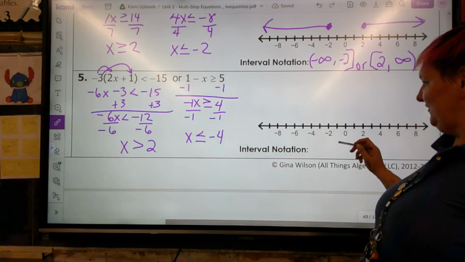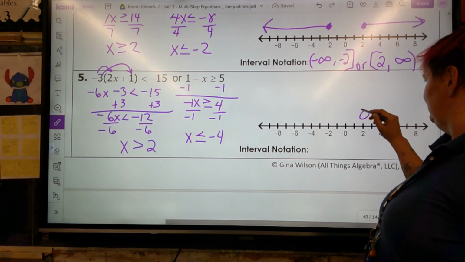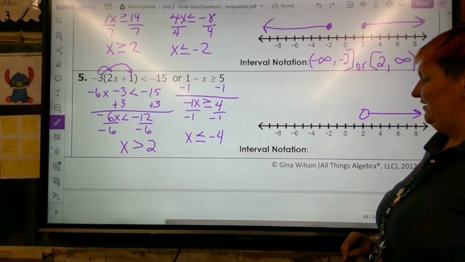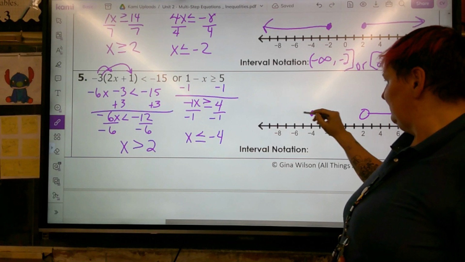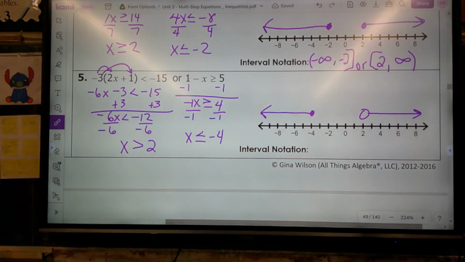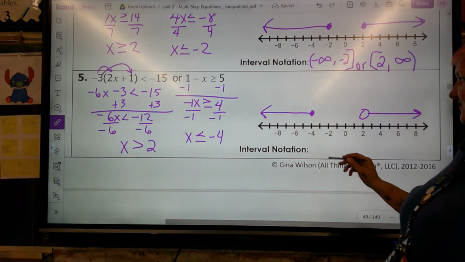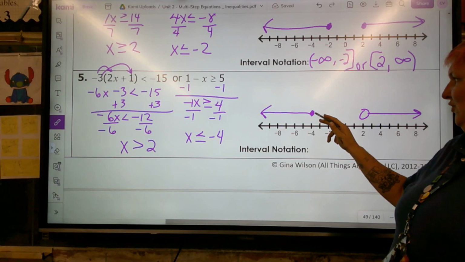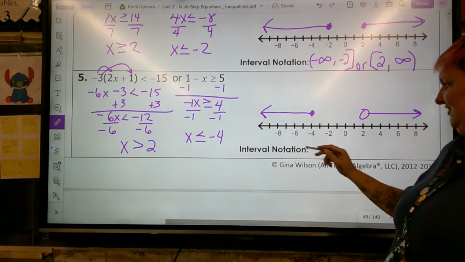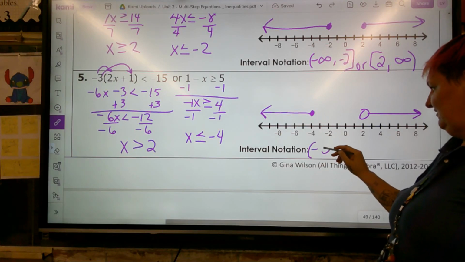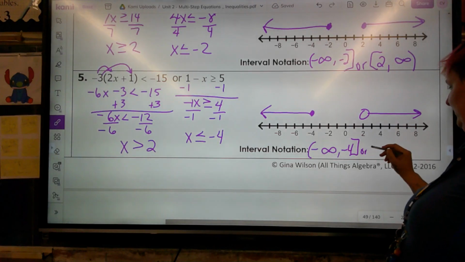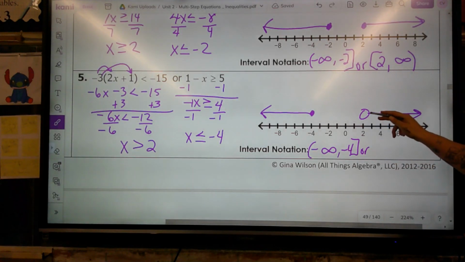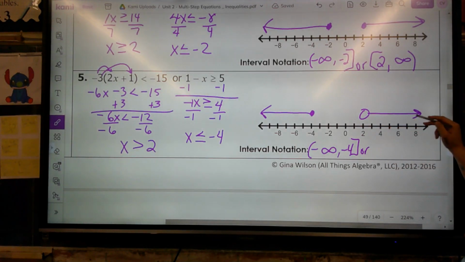Step 2, graph them. x is greater than 2. x is less than or equal to -4. And then create your interval notation. It's going to go -4 bracket, negative infinity, or parentheses 2 to infinity.